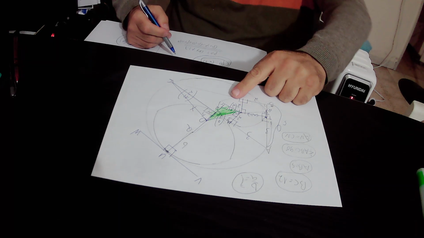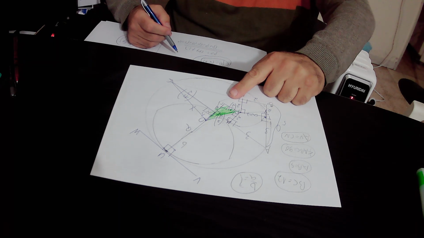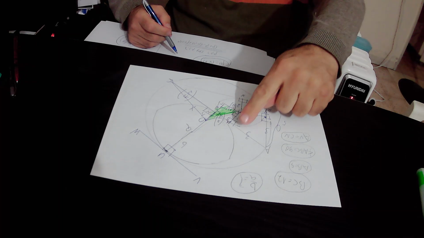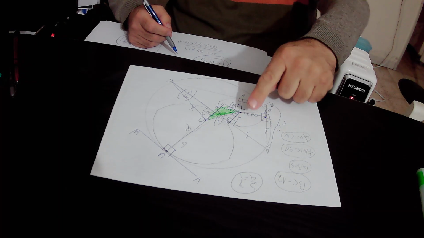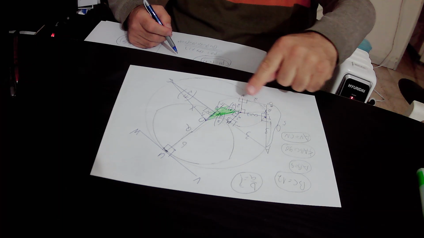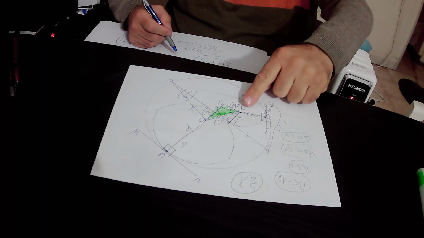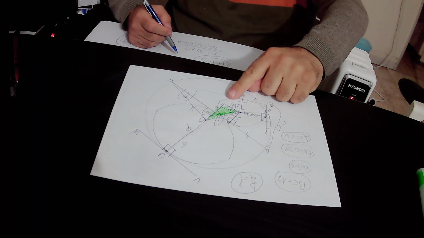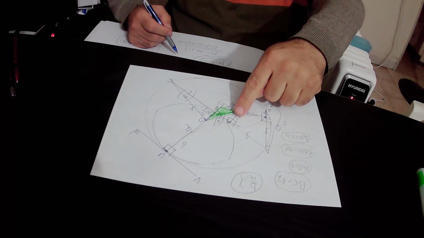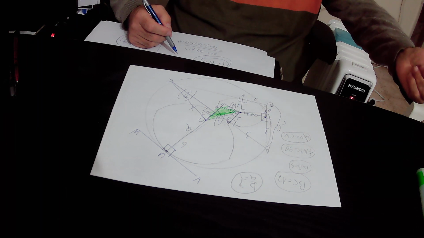The next step: we draw a perpendicular to the radius MP at point P. So here, this angle equals 90 degrees according to our construction.